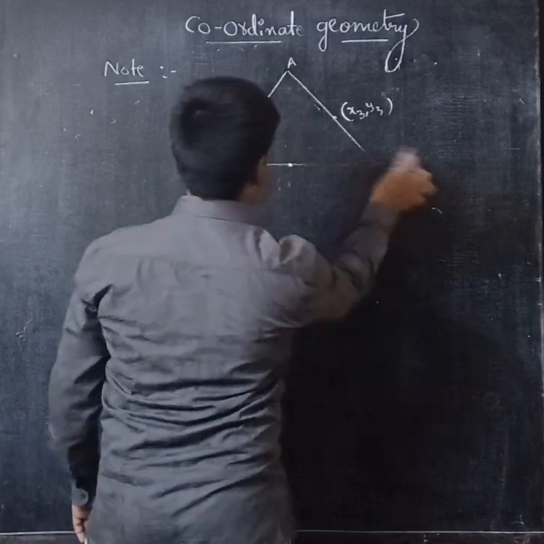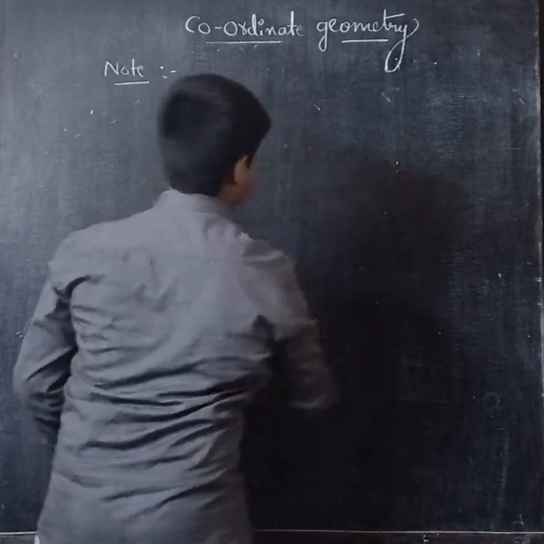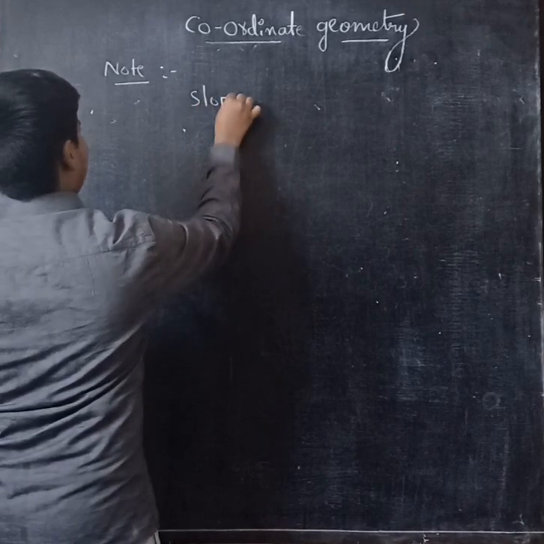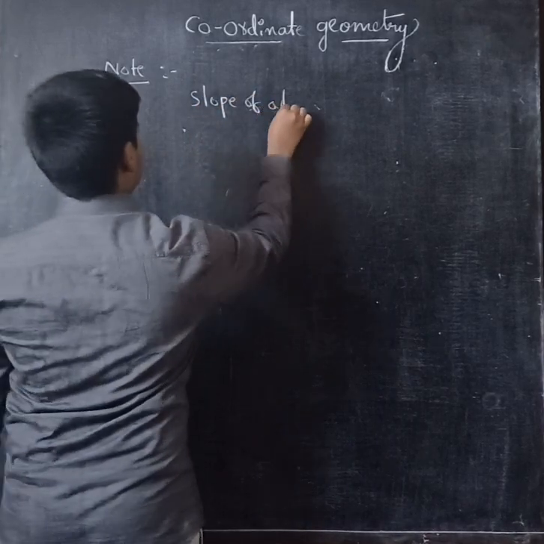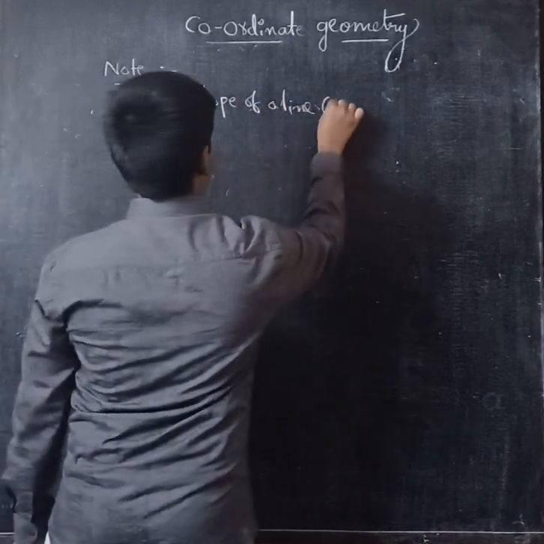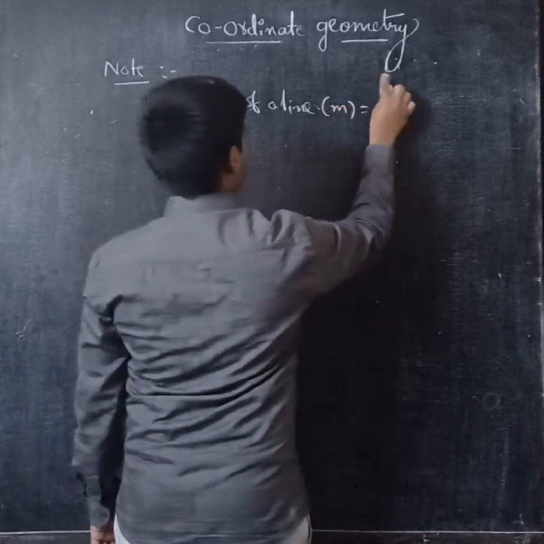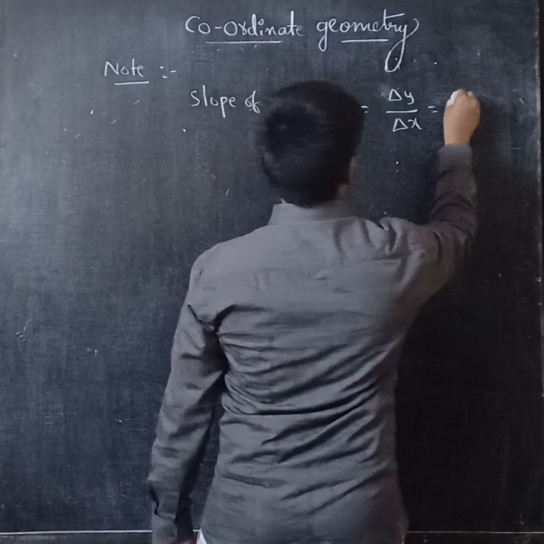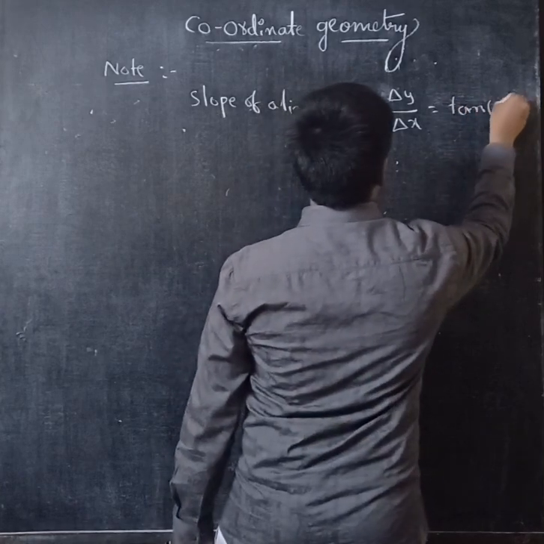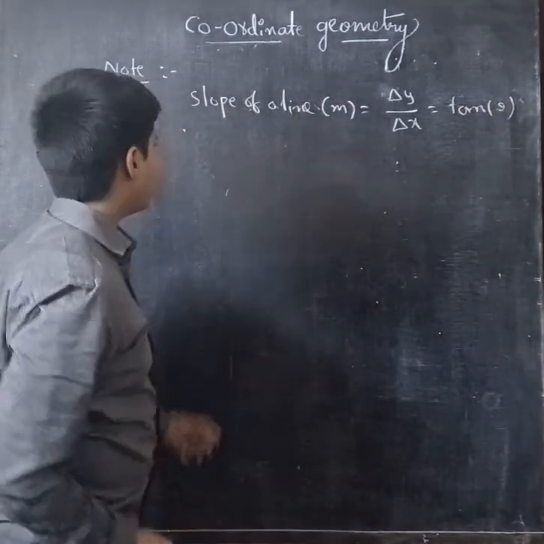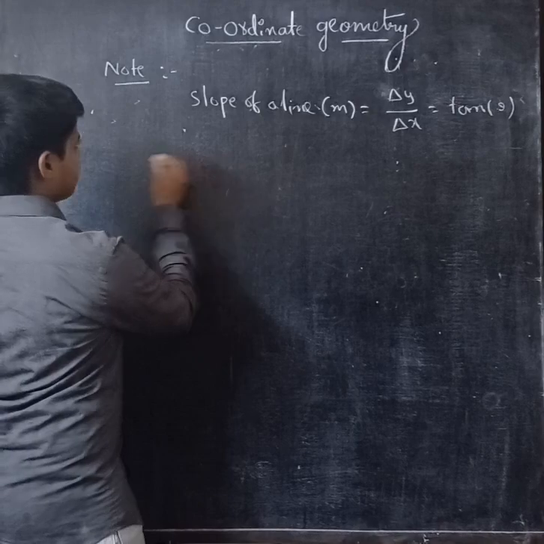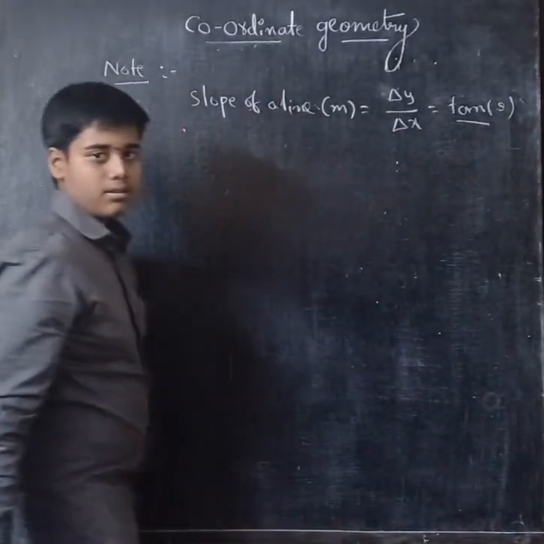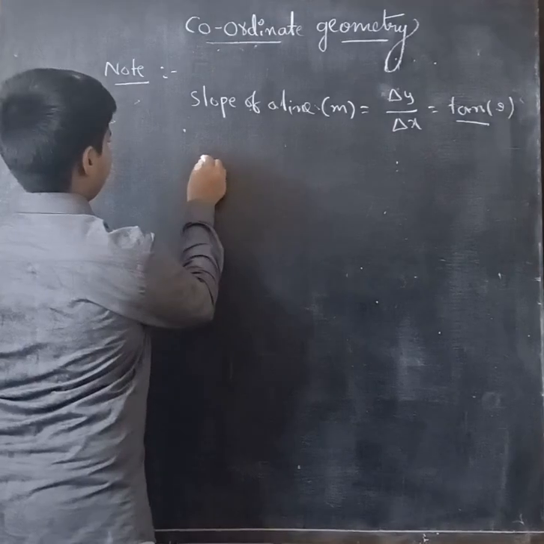Here is another note point. We have already discussed the slope of a line, m, which is equal to the change in y coordinates over the change in x coordinates, which is equal to tan theta. This is a very important point: slope of a line means this.